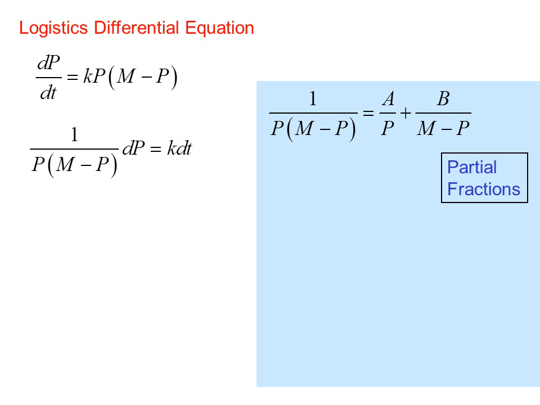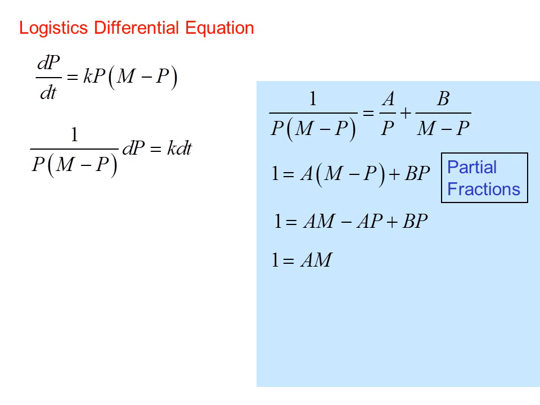1 over P times (M minus P) should be equal to A over P plus B over (M minus P). Clearing the fractions gives us 1 equals A times (M minus P) plus BP, and then we eliminate the parentheses. Now we separate the terms.